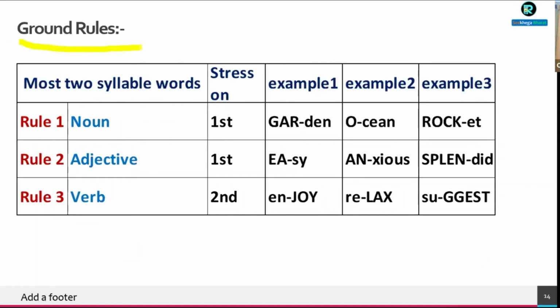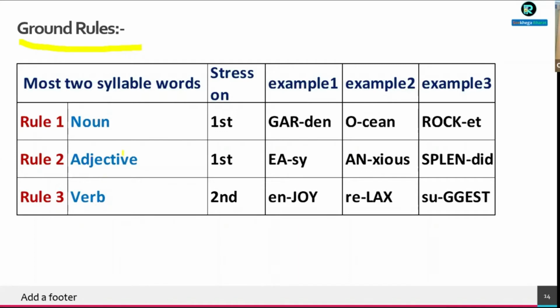How to find the syllable. All right. Now, for example, you can see there are two-syllable words. We're talking about two-syllable words now.